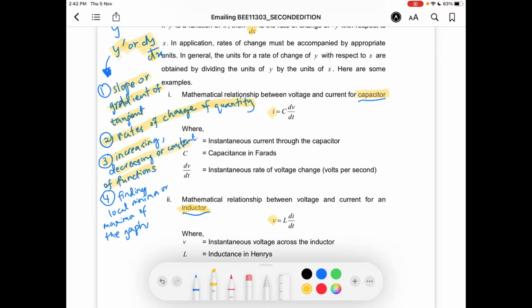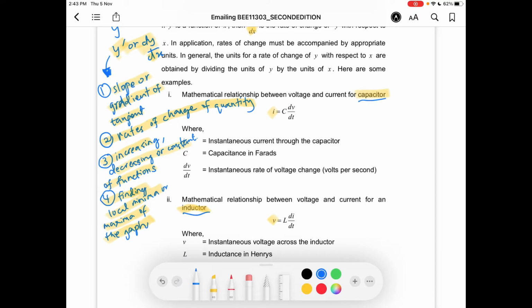Then we can find whether that function is increasing or decreasing or constant by applying the y prime or dy over dx. And finally, we can use the y prime to find the value for the local minima or maxima of the graph.